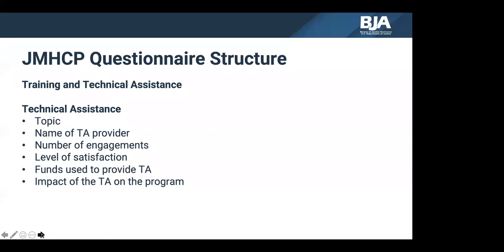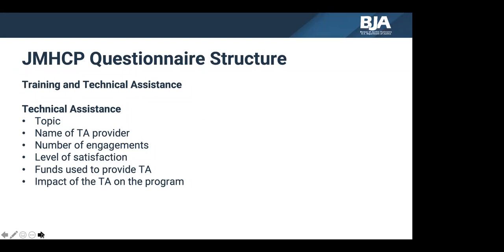Next, you'll be asked to report about any technical assistance received during the reporting period. TA is targeted assistance to a site, agency, or jurisdiction for the purpose of assessing gaps, barriers, and needs, developing strategic plans, or creating innovative approaches to emerging or complex issues. Again, you will be able to report on up to 5 TA interactions per reporting period.